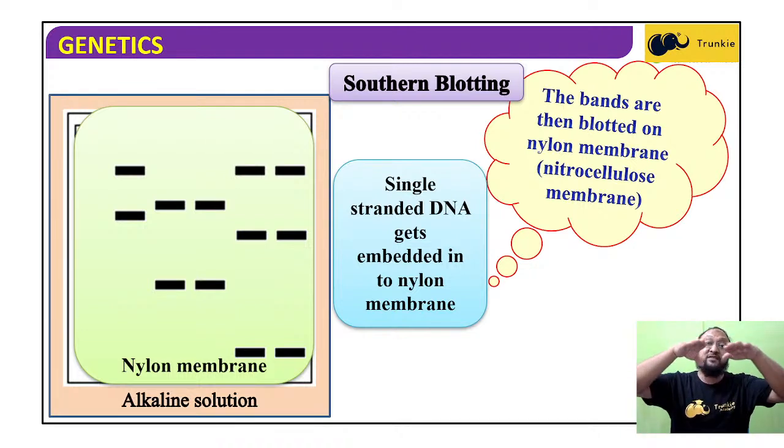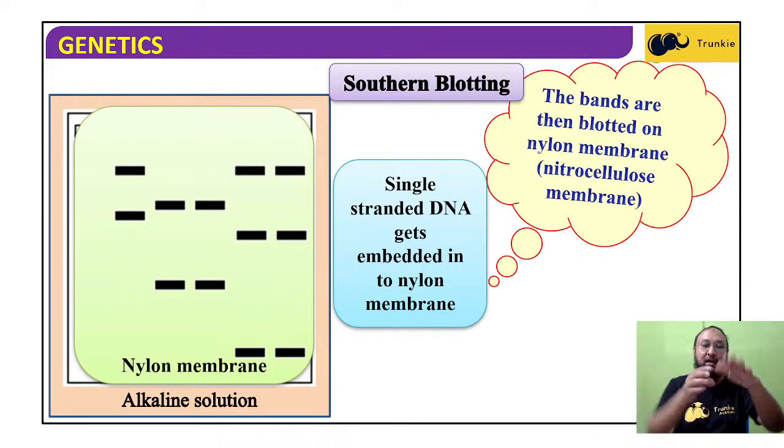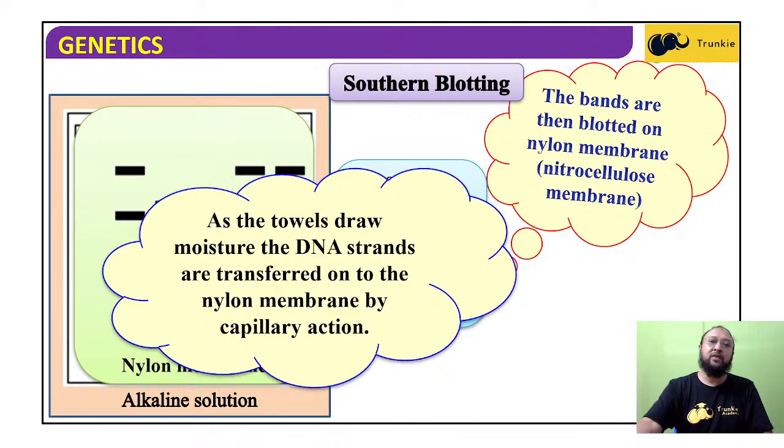When you place the nylon membrane on the agarose gel, the DNA fragments in the form of bands on the gel, after gel electrophoresis, get embedded on the nylon membrane or nitrocellulose membrane, and then we can observe them easily. As the towels draw the moisture, the DNA strands are transferred onto the nylon membrane by capillary action.